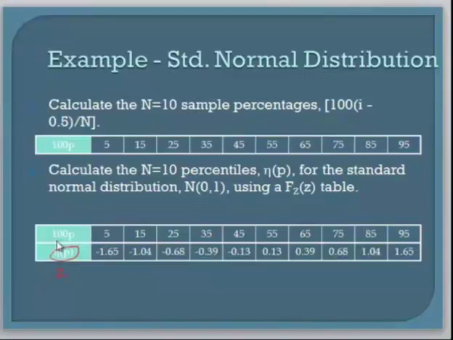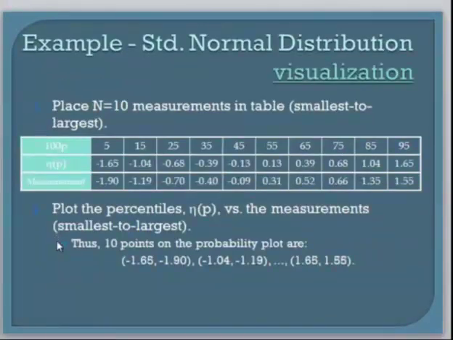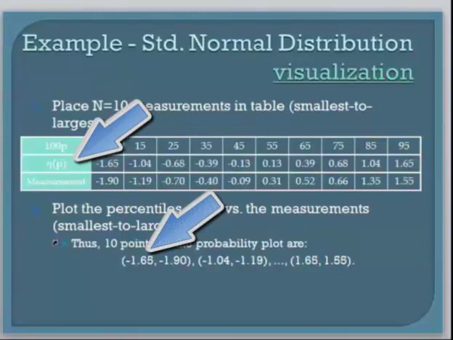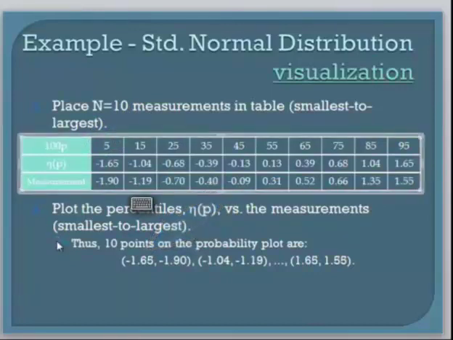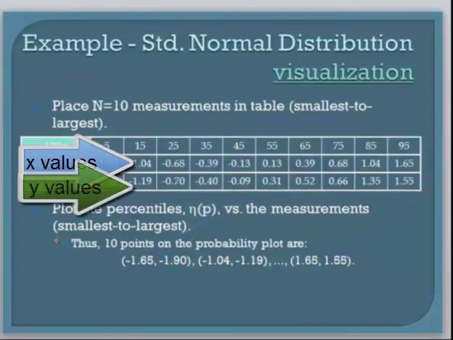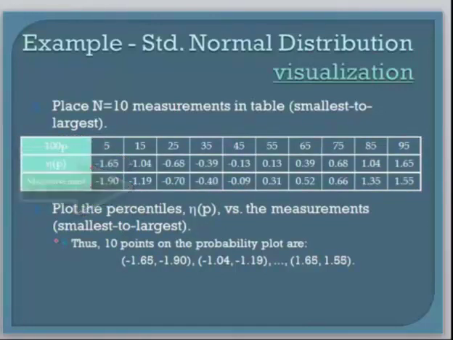And then we say place the measurement points against those. So the first measurement point corresponds to the eta of p value, which is the z value of minus 1.65. And we go all the way through, so we have this nice table, and this is our x value right here, x value, y value, and we plot those all the way up and we see how it looks.